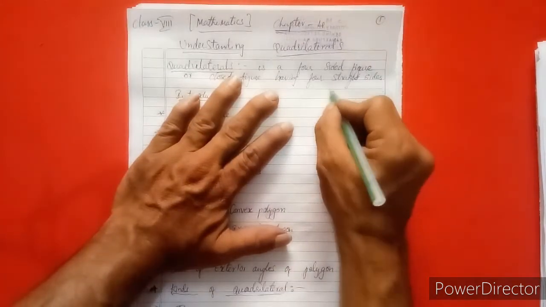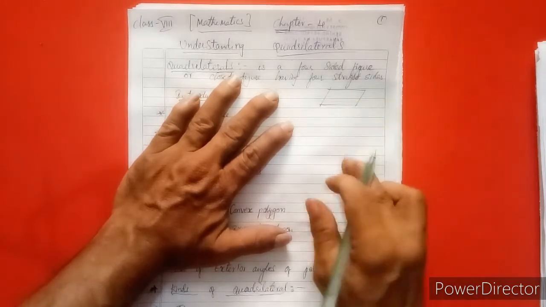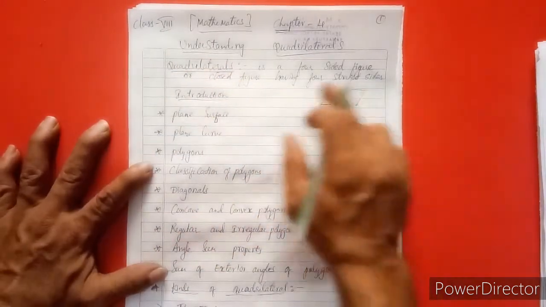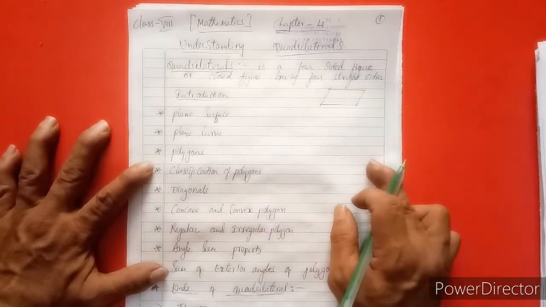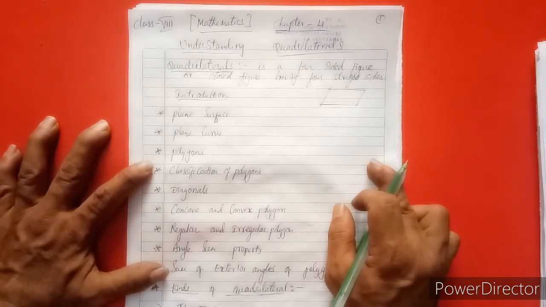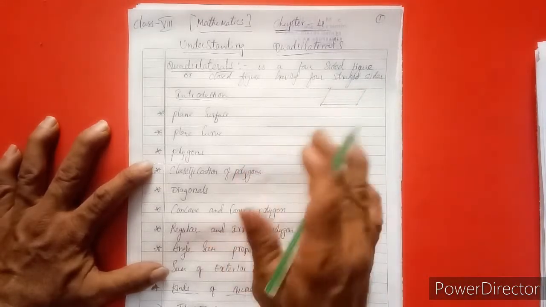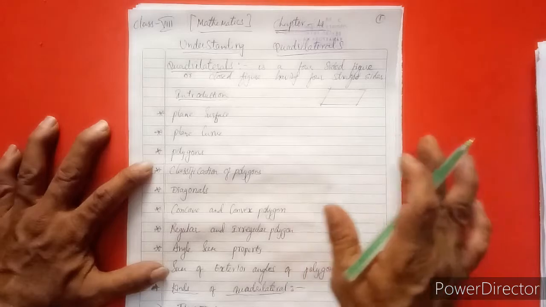Just assume we can take any. This is a quadrilateral. This is a four-sided closed figure. It is a bounded figure. Did you understand? So a quadrilateral is a four-sided closed figure having four straight sides, not curved sides.